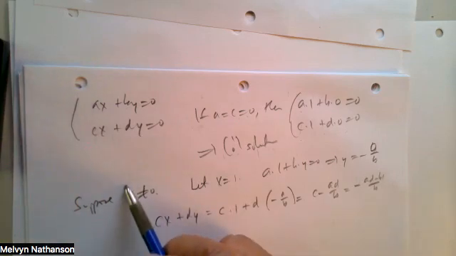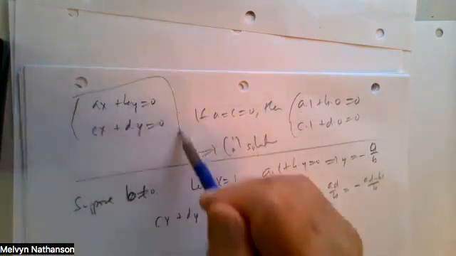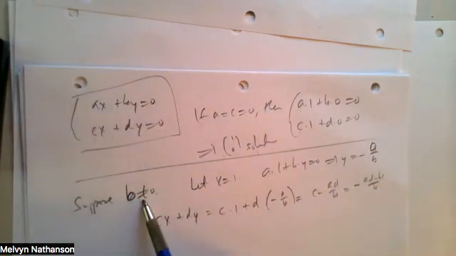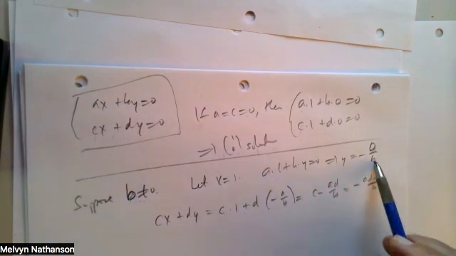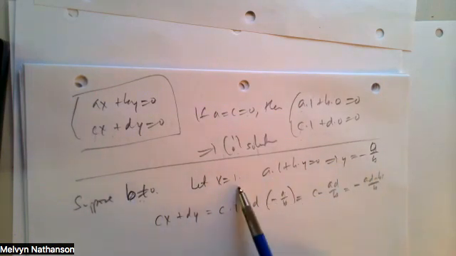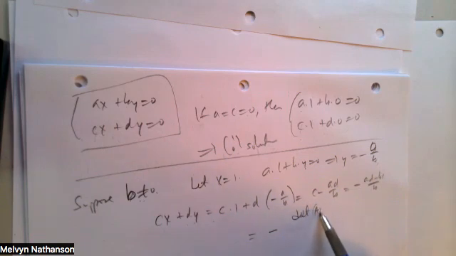Let's suppose that B is different from 0. Okay, so here I have these equations. Suppose B is different from 0. If you let X equal 1, Y is minus A over B. If you let X equal 1 and Y equals minus A over B, CX plus DY is equal to this, which is equal to what? This is minus the determinant of A over B, which is 0.